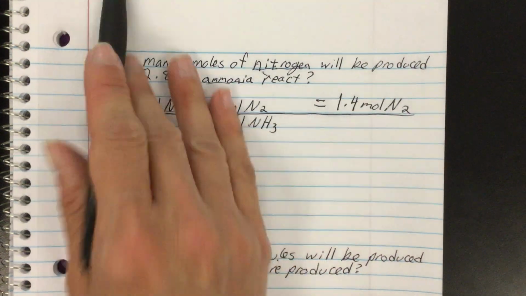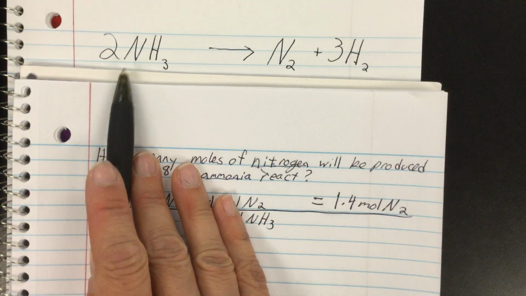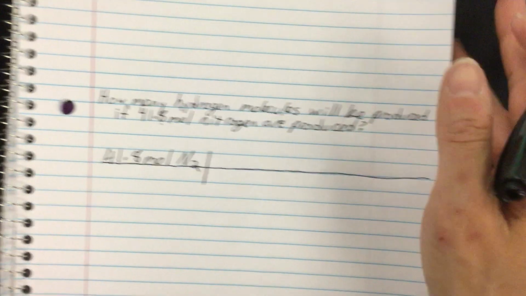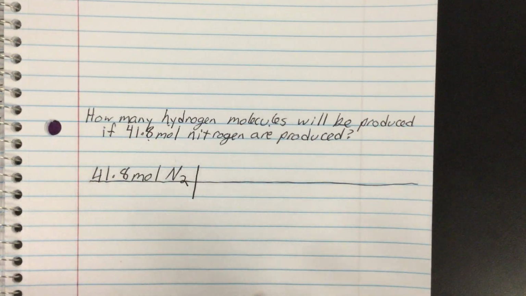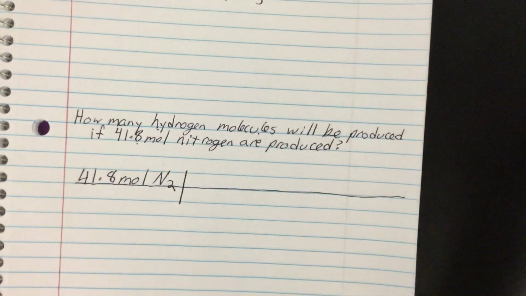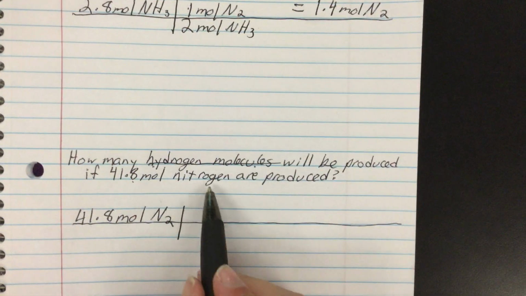Just because I start with ammonia in this reaction doesn't mean that ammonia has to be the first thing in my dimensional analysis. I start with the number that I'm given. This is the information I have to work with. That's where we begin.